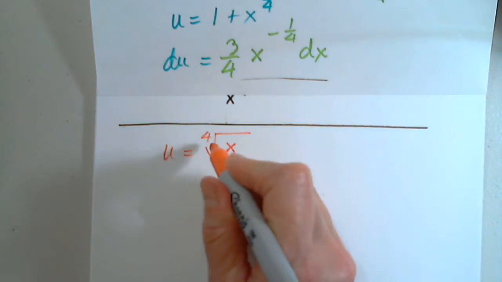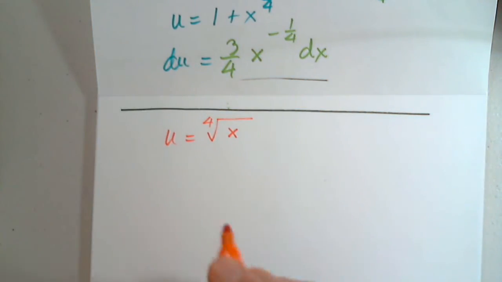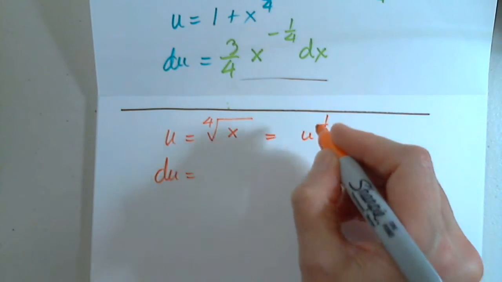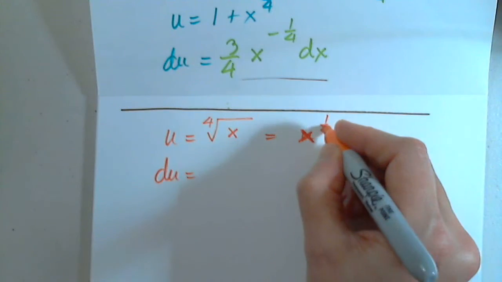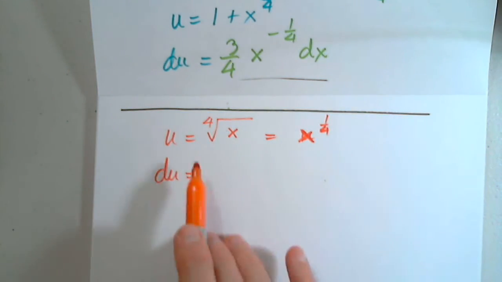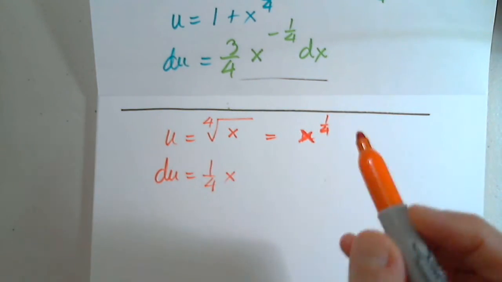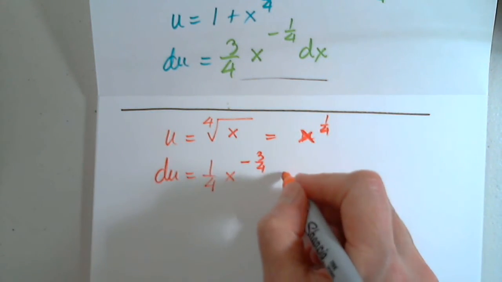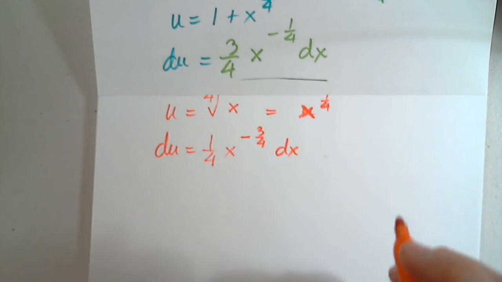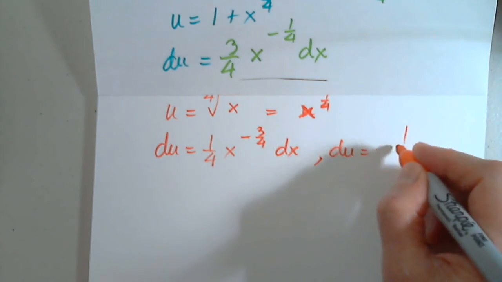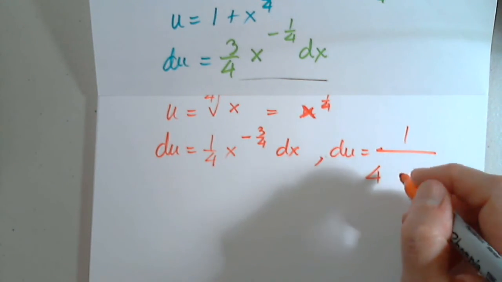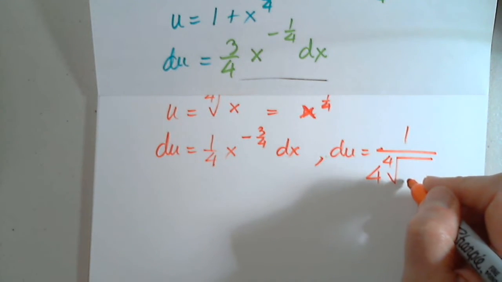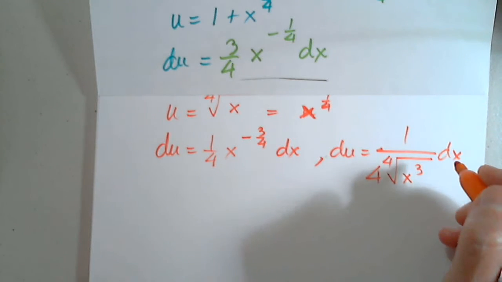Then du, so this is x to 1/4. So then du will be 1/4 x to 1/4 minus 1, which is negative 3/4, times dx. So then du equals 1 over 4, the fourth root of x to the third dx.